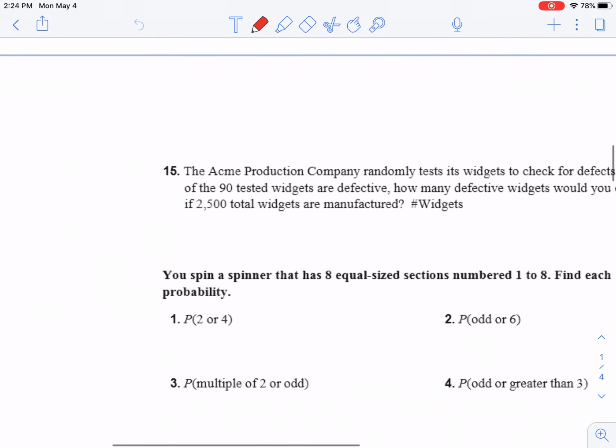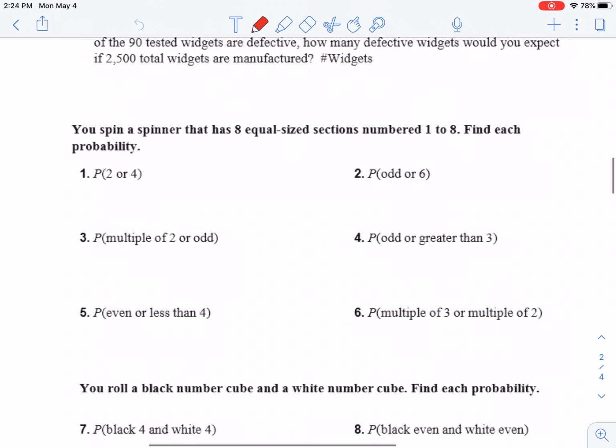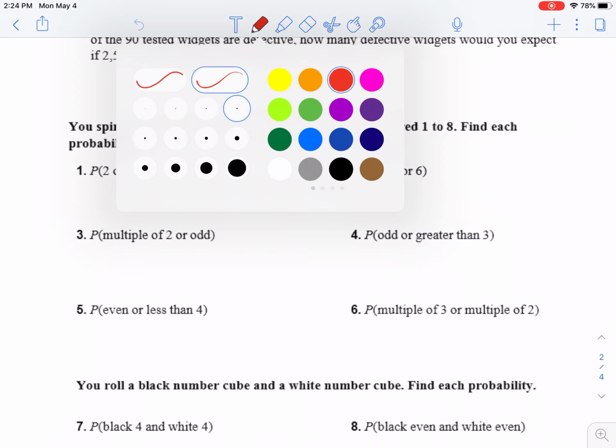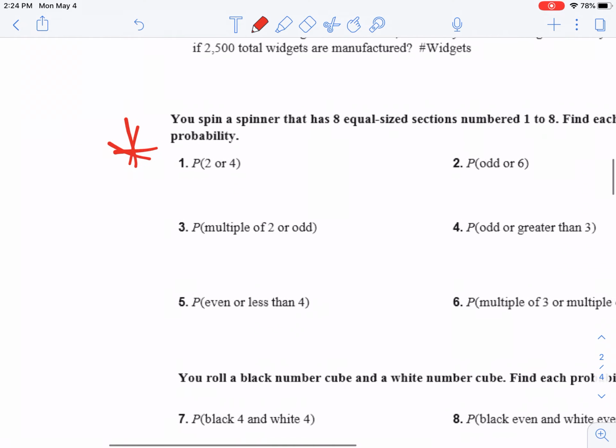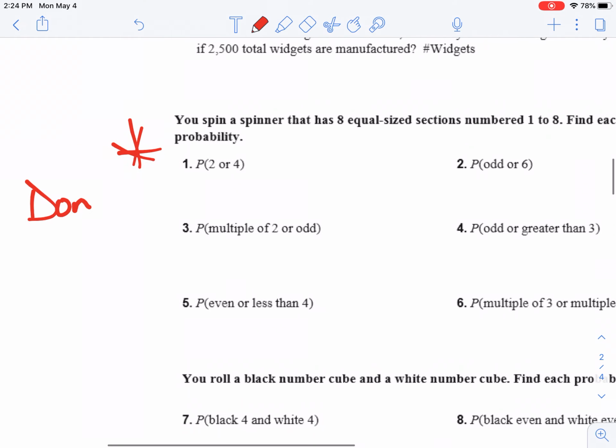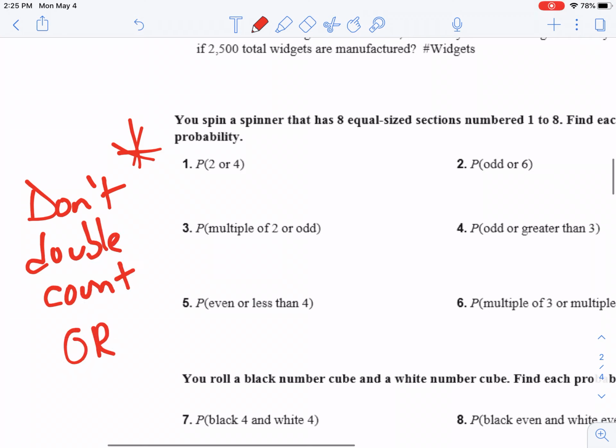All right, let's do a couple more. These down here. This section, you have to be careful not to double count. Whenever you're dealing with ors, you have to make sure you don't double count. For example, number 5 here, probability that you get an even or less than a 4.